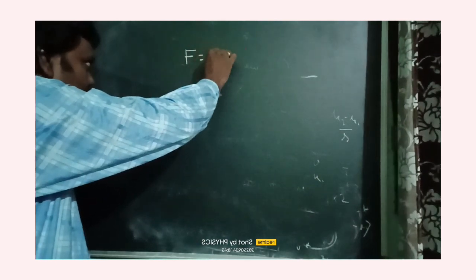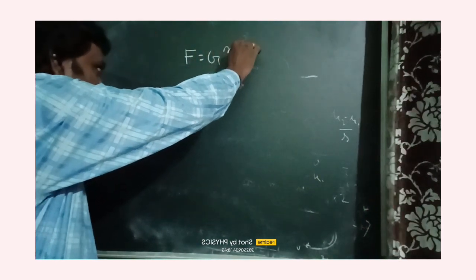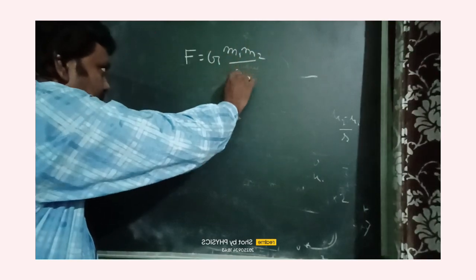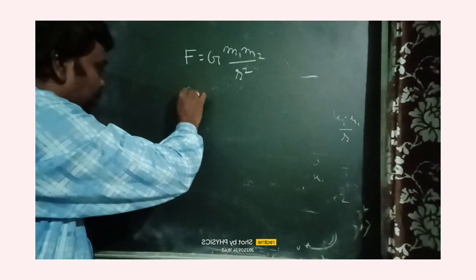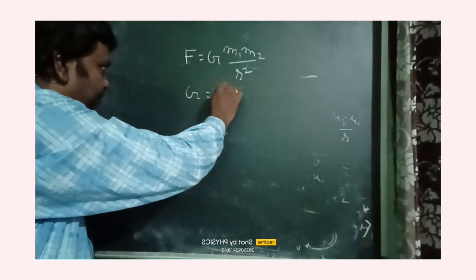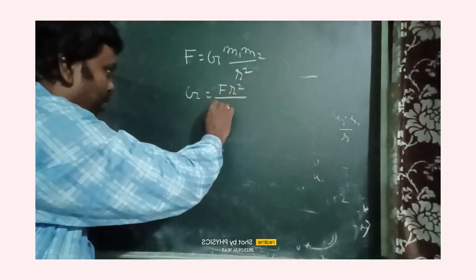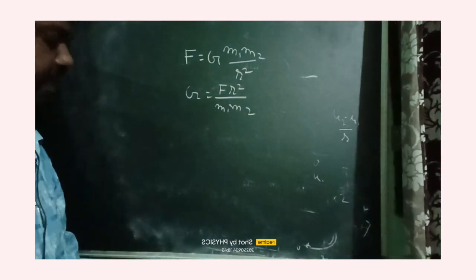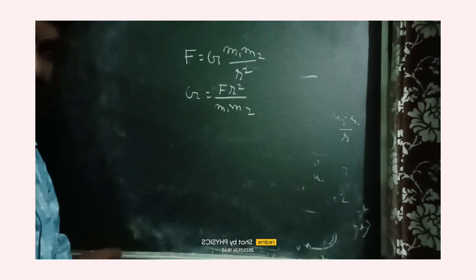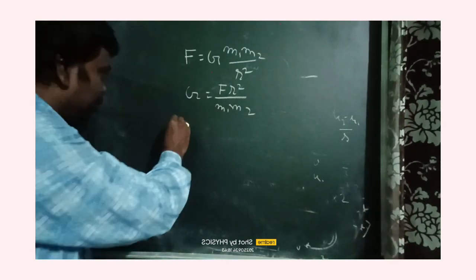Here we have F equals G into m1 m2 by r square. Now G is equal to F into r square upon m1 m2. Now, to find the unit of capital G.